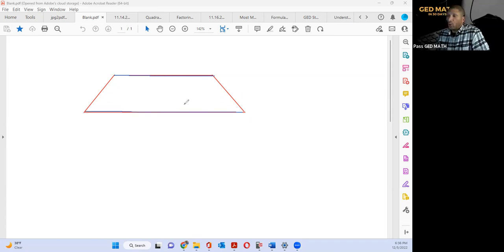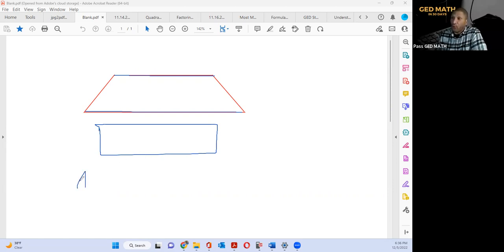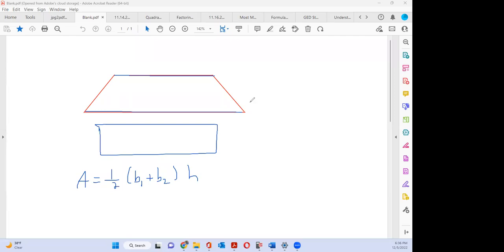What they're actually doing is taking the average of both those bases. When you take an average, I'm increasing this by a little bit and decreasing it by a little bit. So I have my rectangle. This is why the formula is 1/2 of the base 1 plus base 2 times your height.